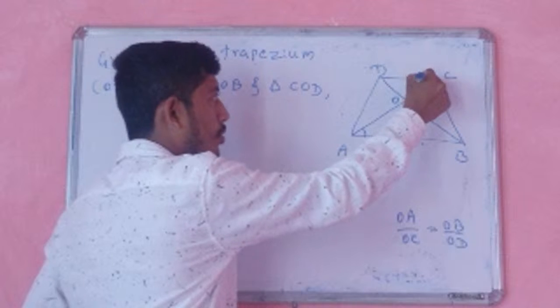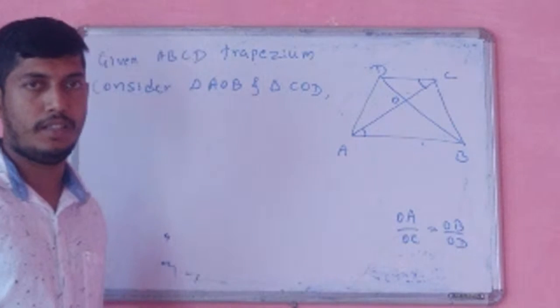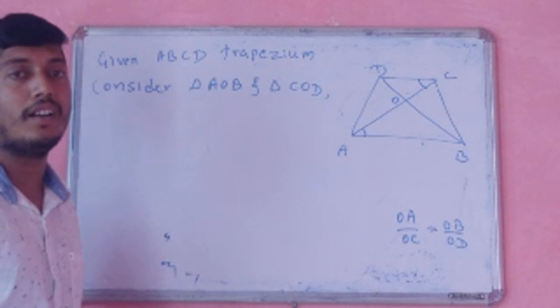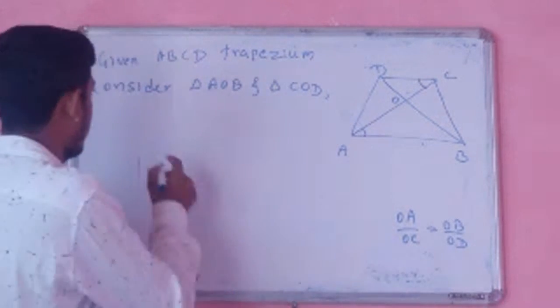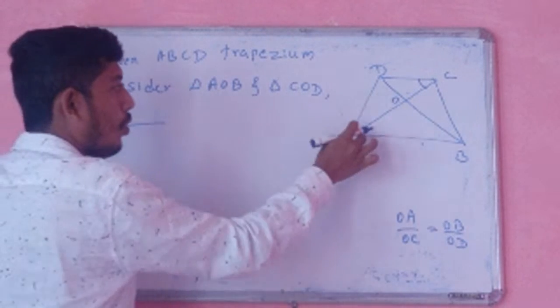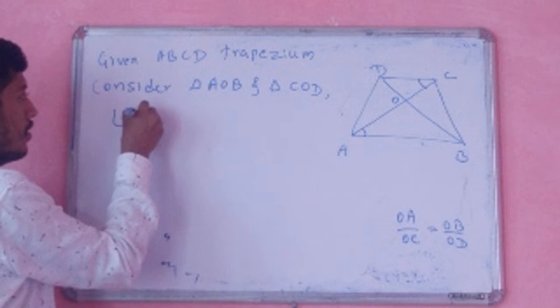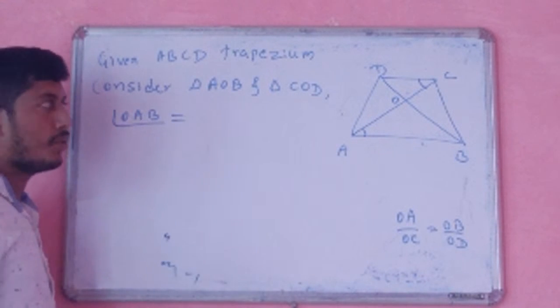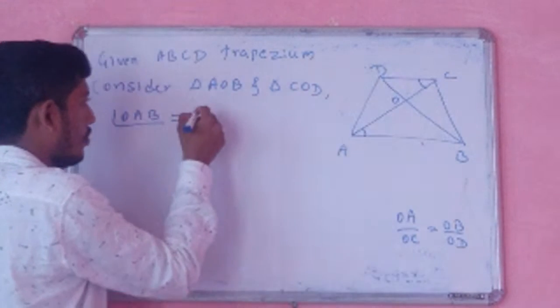Here I will consider angle OAB, that is equal to angle DCO. What is the reason? They are alternate angles.